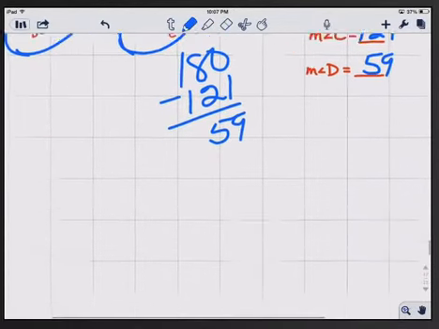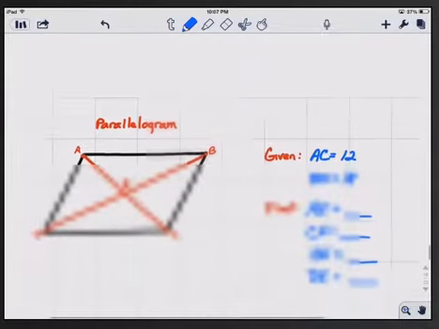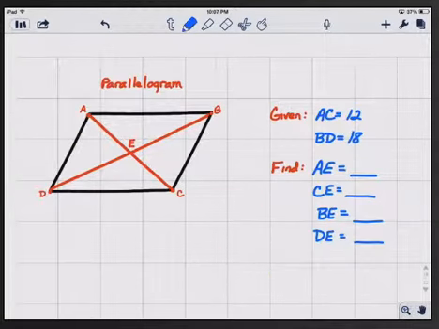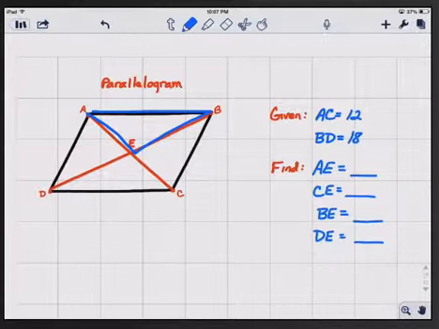And one more problem dealing with parallelograms. If you draw both diagonals, triangles like triangle AEB and triangle CED are congruent, meaning corresponding parts are congruent there. So segment AE and segment CE would be a pair of corresponding parts.